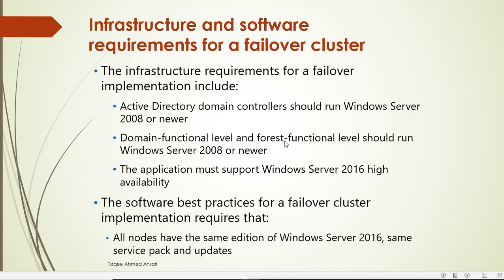So the forest functional level decides the level of functionality we have in the forest, and the same applies to the domain. If the domain functional level is 2008, we can have domain controllers of at least 2008 in the same domain. If the domain functional level is set to 2016, then we can only have 2016 servers in the domain. We cannot have other versions as domain controllers.